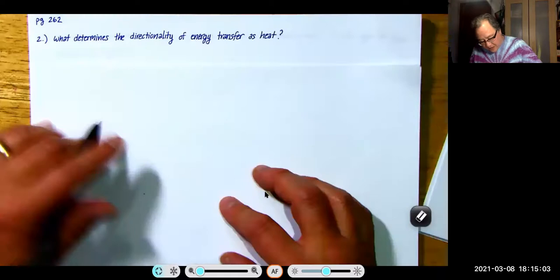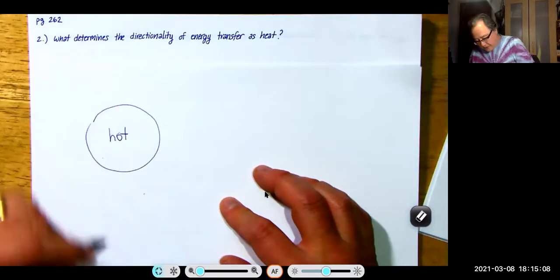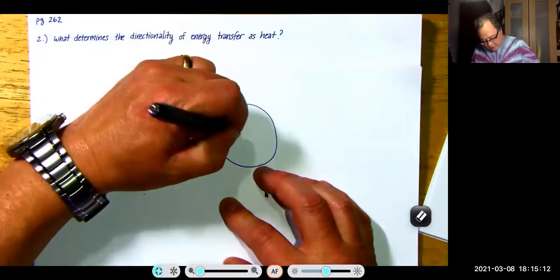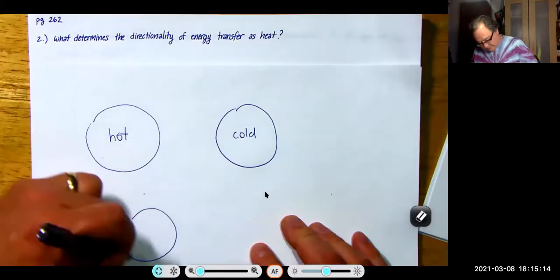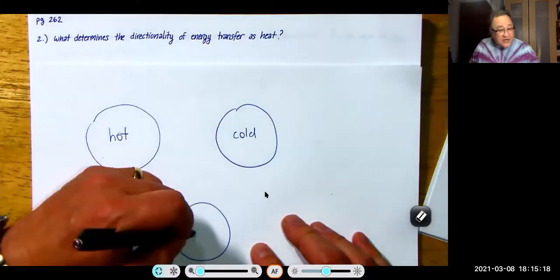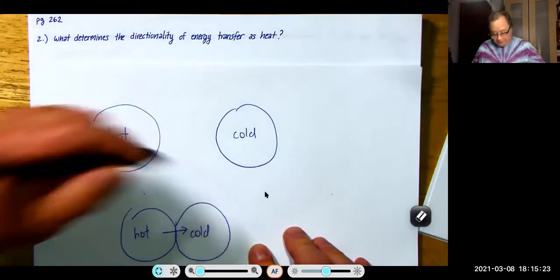If you have a hot object, so a high temp, and a cold object, a cold temp, and you bring them together so that they can exchange heat, heat always flows from the hot to the cold.